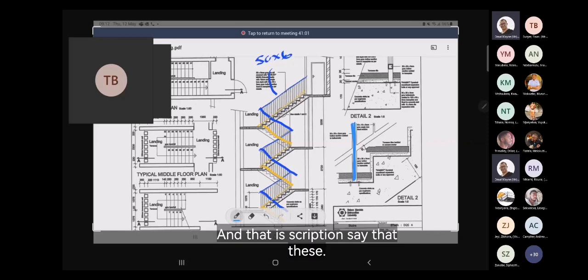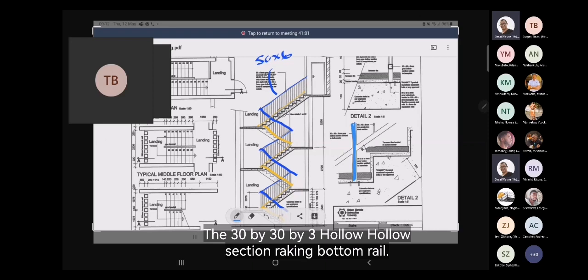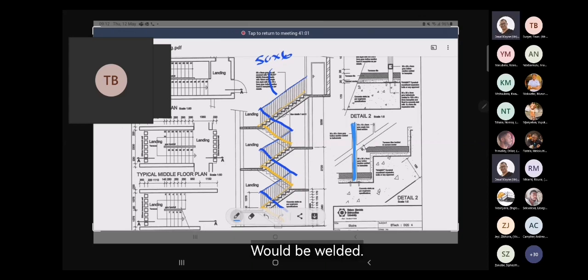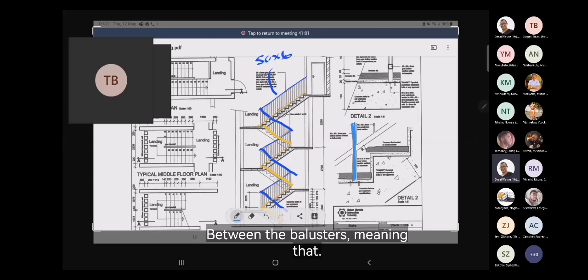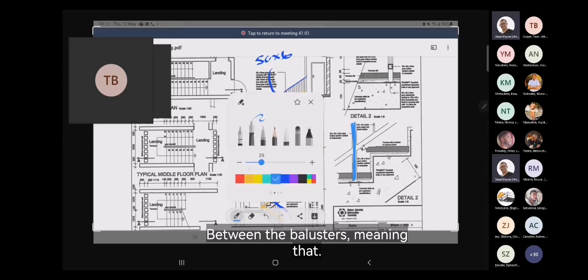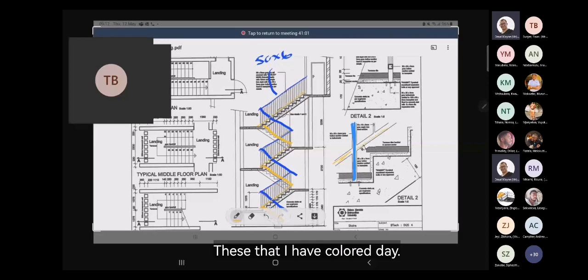And the description said that these 30 by 30 by 3 hollow section raking bottom rails would be welded between the balusters, meaning that these that I have colored there would be going between the balusters.